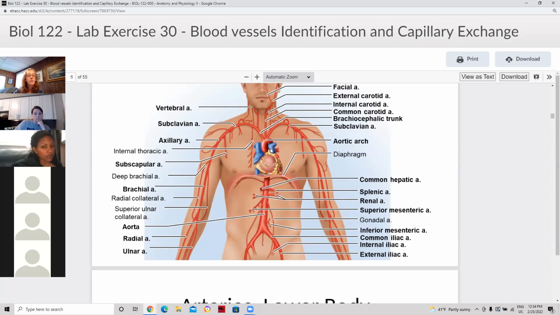In this area right here in the thoracic cage, here's your diaphragm. We call it the descending artery. Ascending artery right here, aortic arch, descending artery.